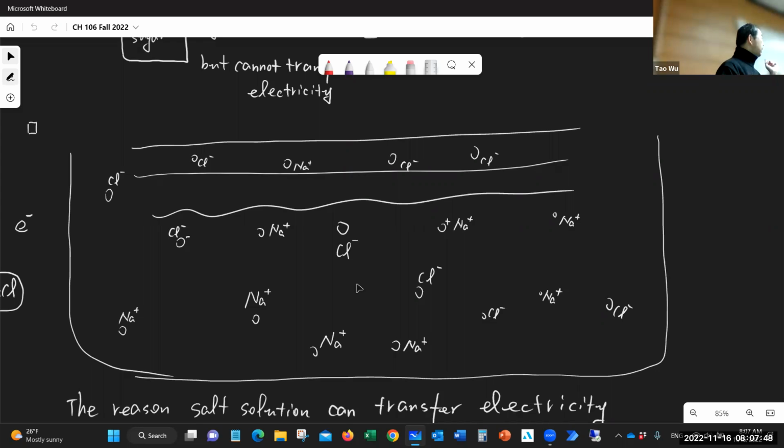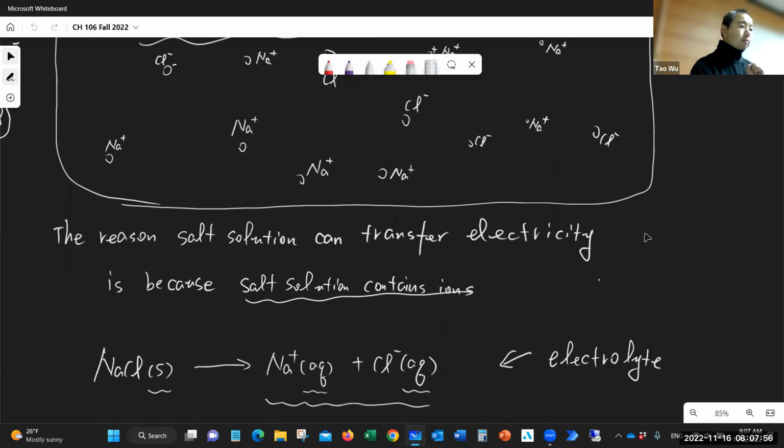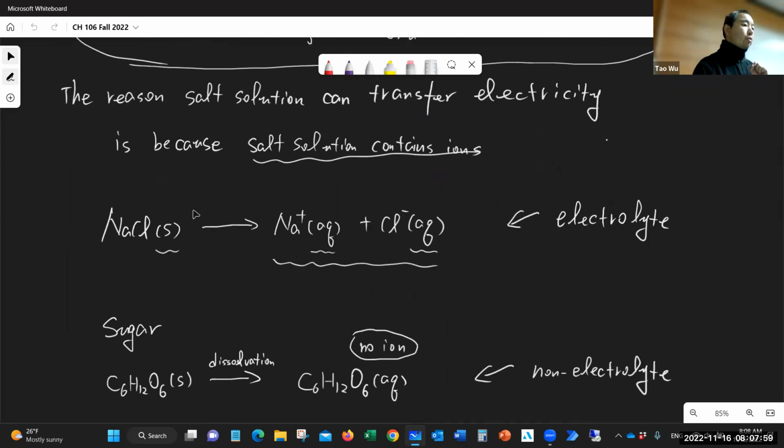Instead, they become cations and anions. Just like sodium chloride, the solid is no more solid. When sodium chloride is dissolved in water, it becomes sodium ions and chloride ions dissolved in the water. This is very important.